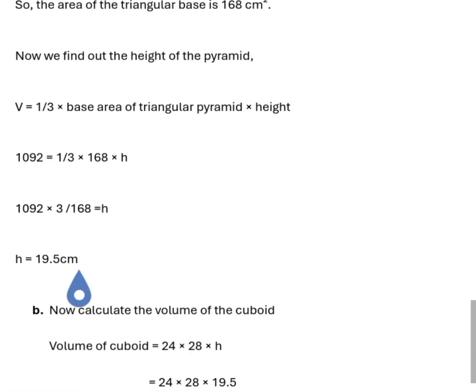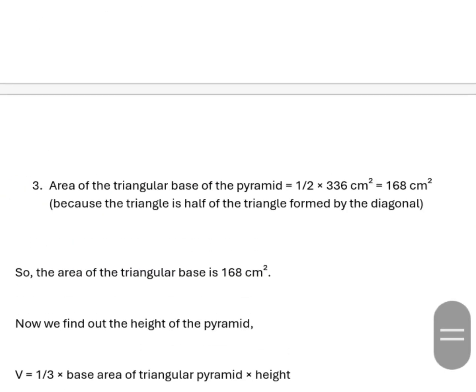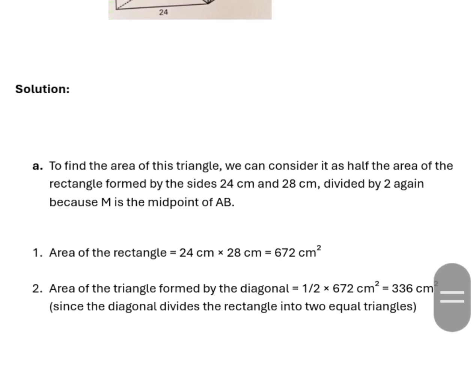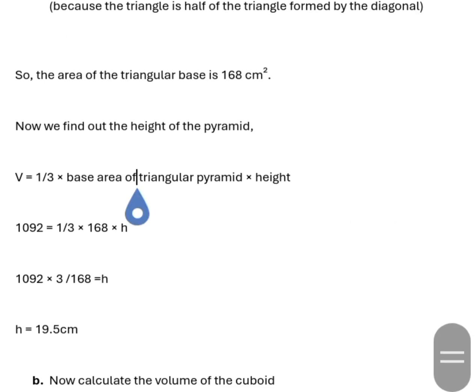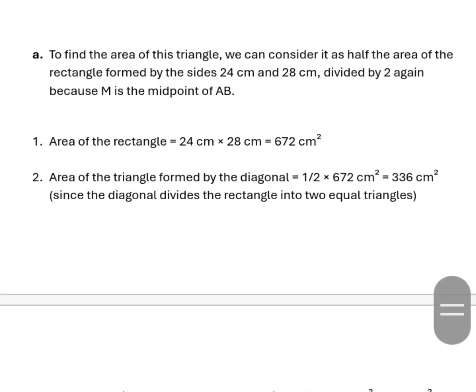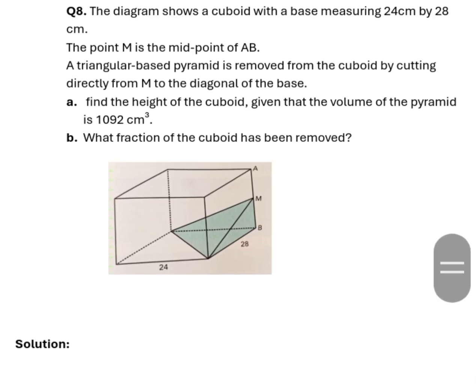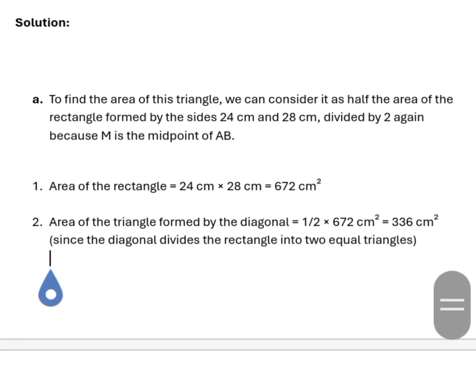So we put this value: 1 over 3 into 168 multiplied by h is equal to the volume we have been given, which is 1092. In part A, we have been given the volume of the pyramid, 1092, so we put this value.